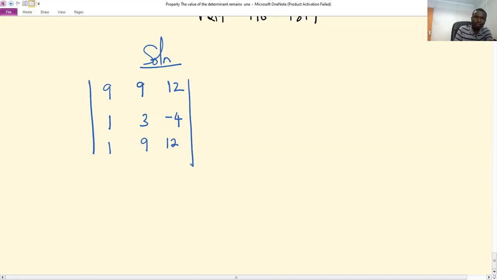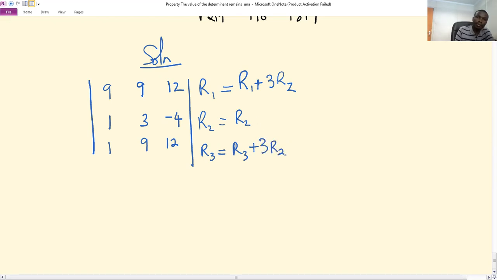So we are going to say that row 1 to be row 1 plus 3 row 2, and then row 2 to be row 2, and then row 3 to be the same as row 3 plus 3 row 2.